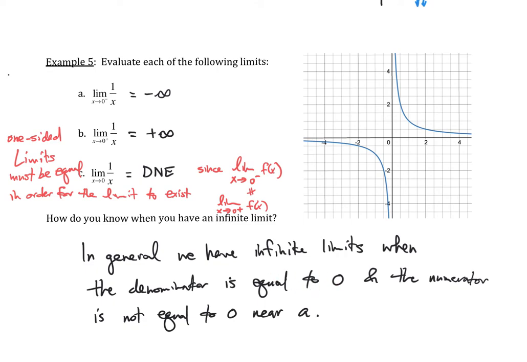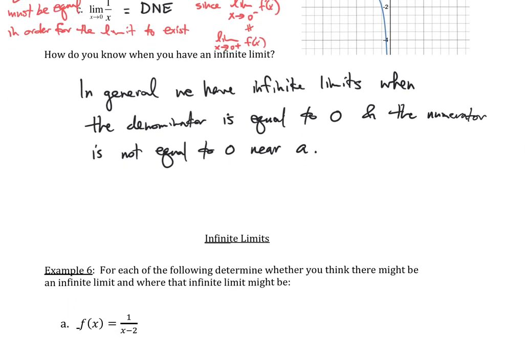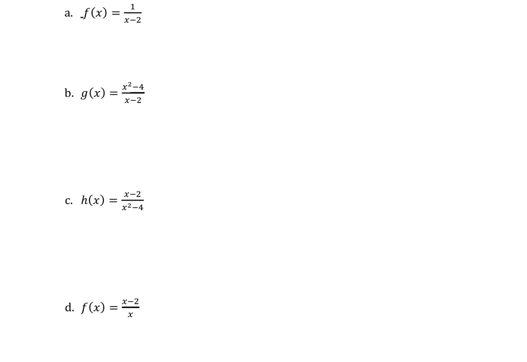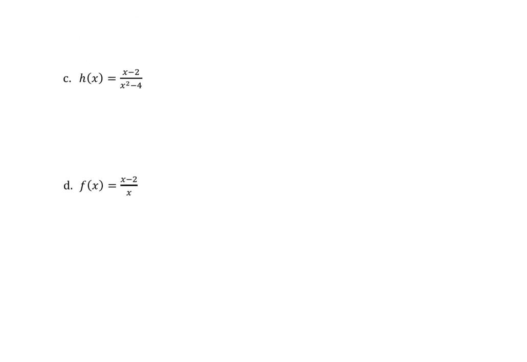But when we cannot do that, that's when you have the numerator not being equal to 0 near a, then you're going to end up with an infinite limit. Okay, so we are going to work on example 6 together in class, and then we'll look at when you have an infinite limit and when you do not have an infinite limit.